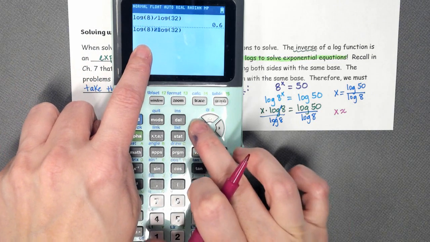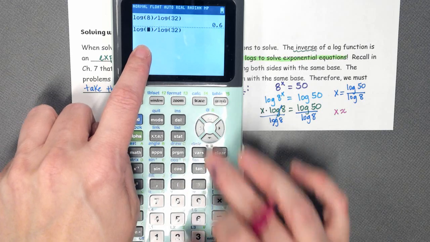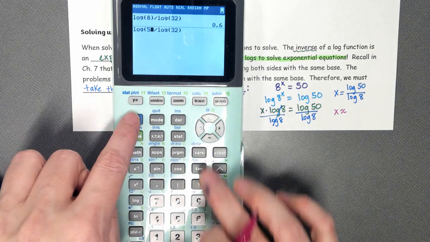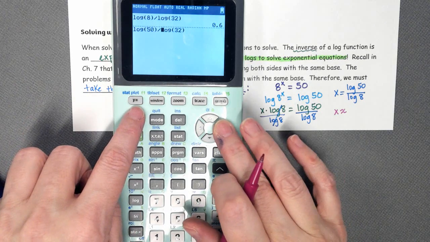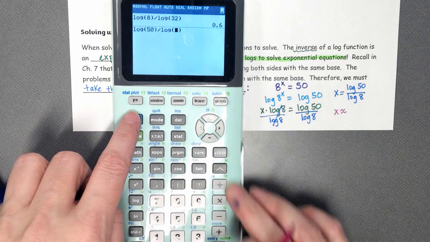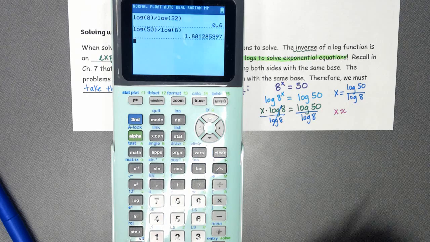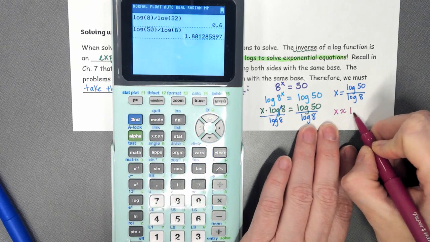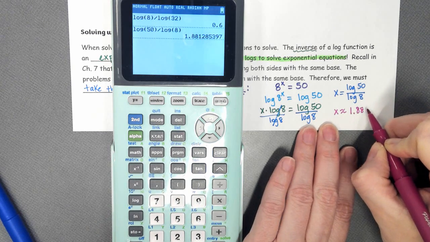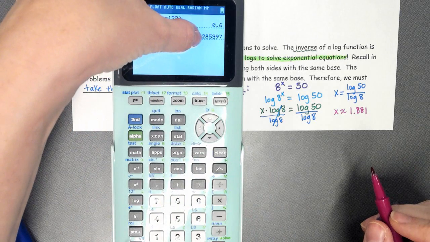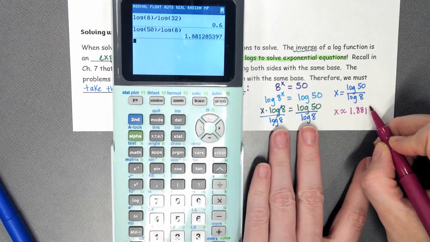If you use that, you can just go in and make this 50. You would have to insert because it's longer there, and then you'd have to delete that. But log of 50 divided by the log of 8. Yep, and then so 1.881, and then the 2 is going to be bumped up.